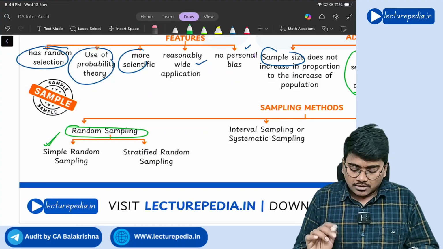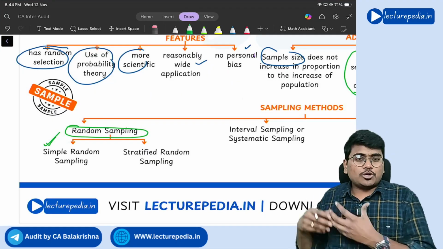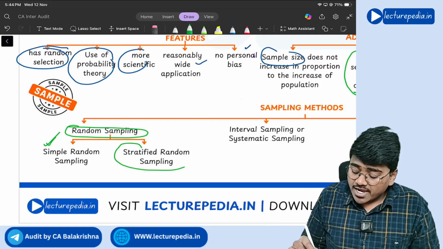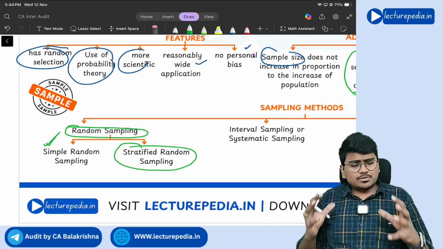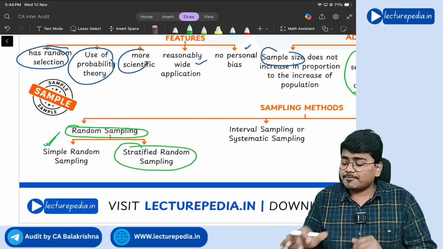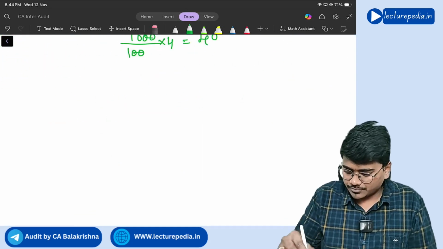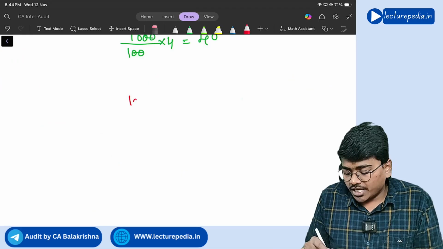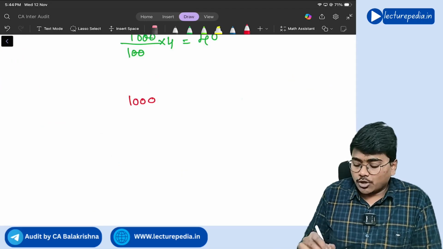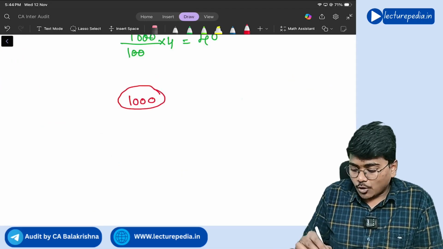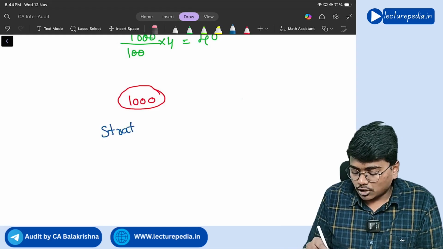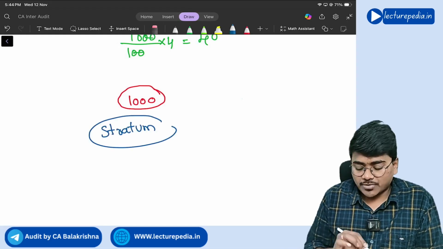So this is simple random sampling. Now stratified random sampling. What is meant by stratified random sampling? Let me tell you. Let's say there is a population of 1,000. Now you will divide this 1,000 population into strata, or stratum.